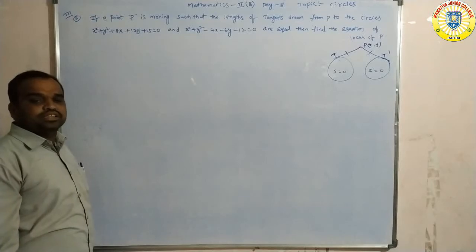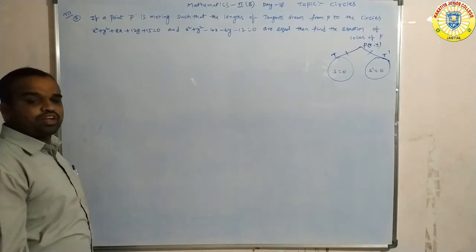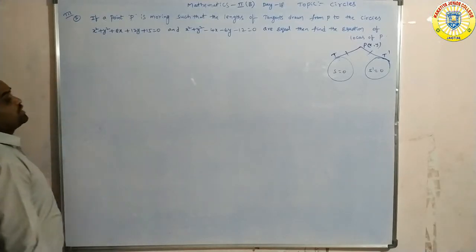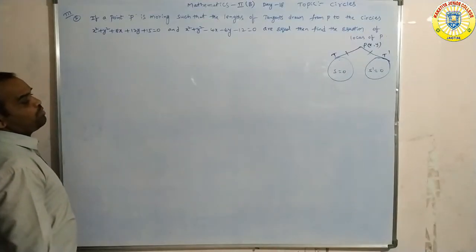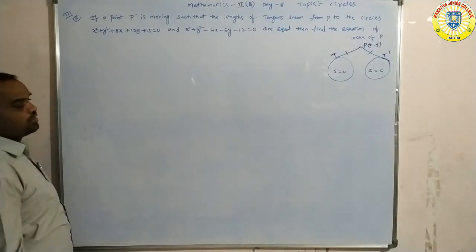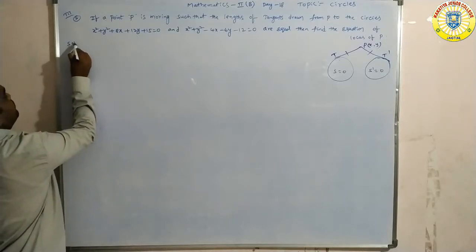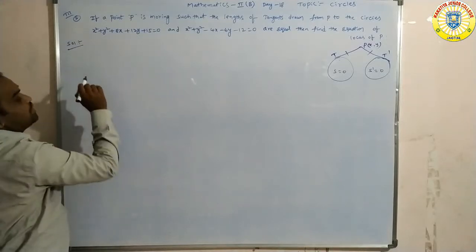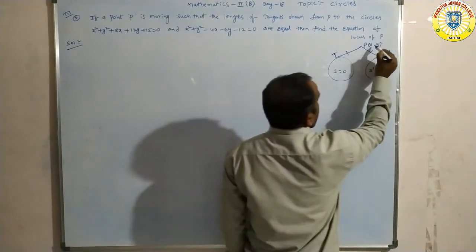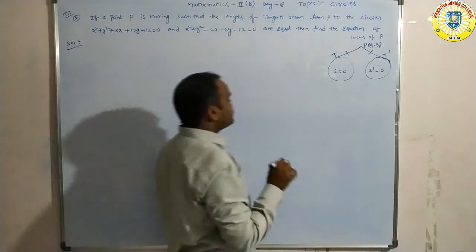Length of the tangent is nothing but under root of s11 formula. Length of the tangent from the point P of x1 comma y1 to the circle S is equal to 0 is nothing but under root of s11. See here, solution. So we are taking x1 comma y1.